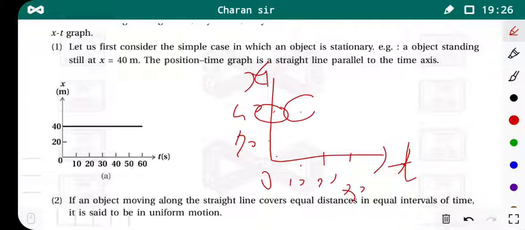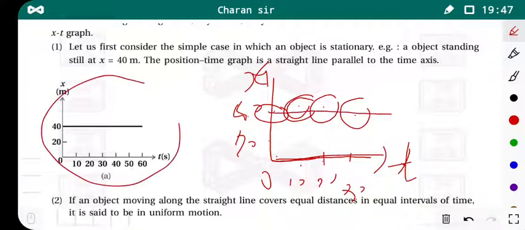You can see that time passes, but our object is standing at 14. So after 20 minutes, our object is still at 14 meters. Then after 30 minutes, you can see time has passed, but the object is still standing at 14 meters. You can join these points and you get this graph. You can see the object's position, 14 meters, is constant with respect to time.